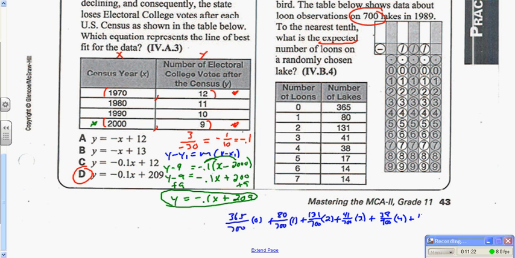I'm just taking the number of lakes over the total number of lakes, and then taking it times how many loons they'd see. And the last one, 14 out of 700 times 7 loons.